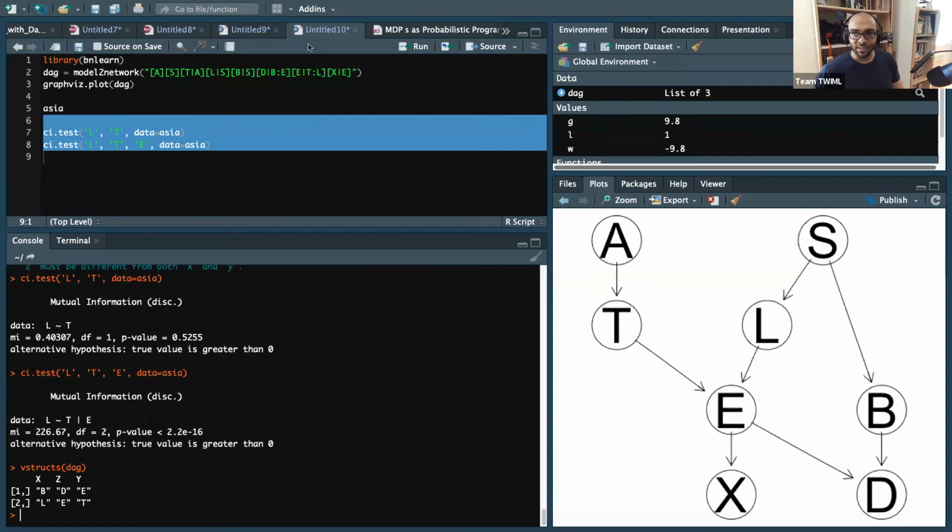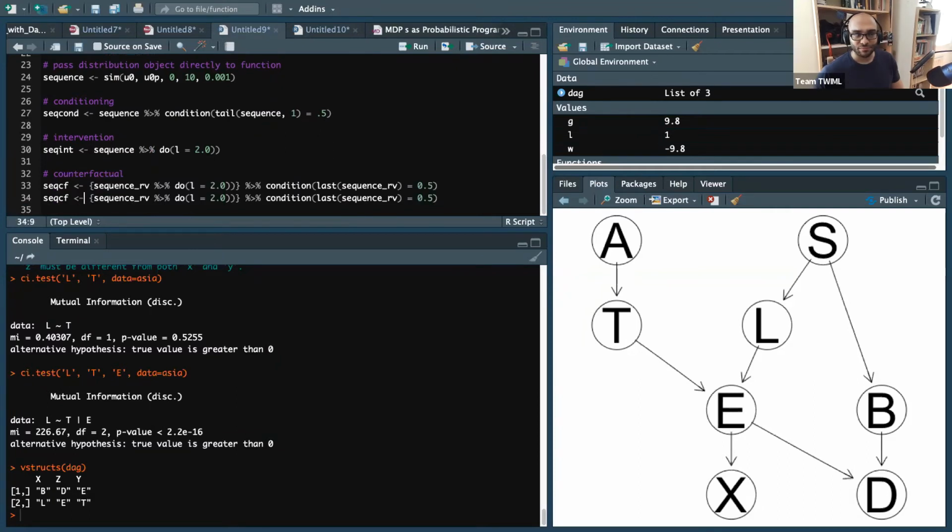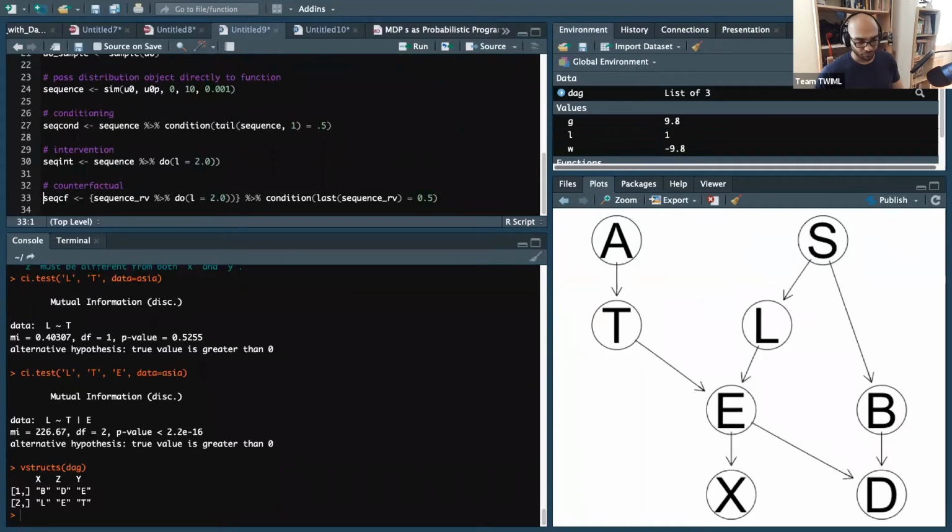So what I'm proposing is that this might have been a better way of writing that last part. First off, I'll call it that. Condition.